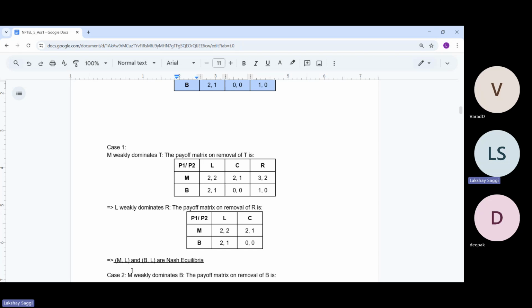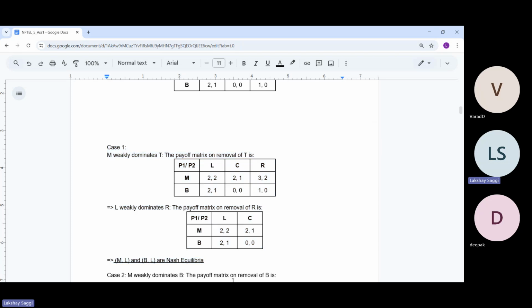In case two, we'll remove a different set of weakly dominated strategies from the initial matrix. Let's forget about case one, which was one way of removing the weakly dominated strategies. Now there is another ordering of removing those strategies, and we may obtain different Nash equilibria.